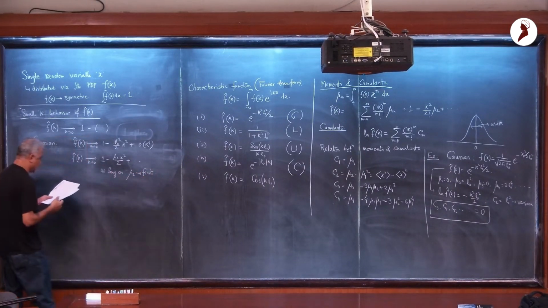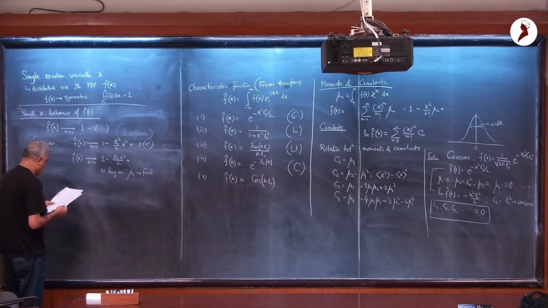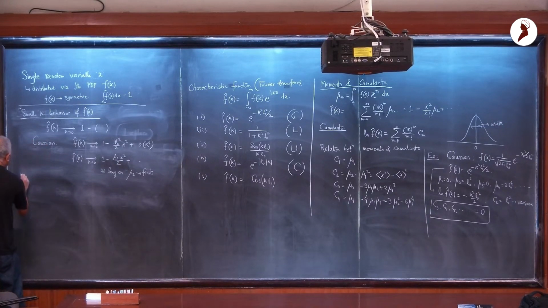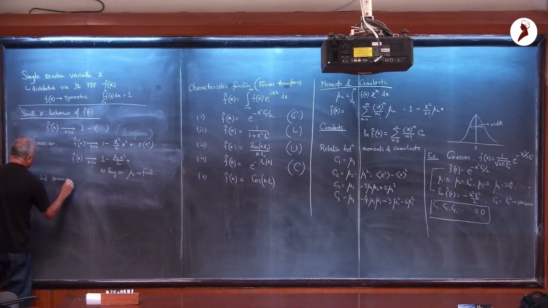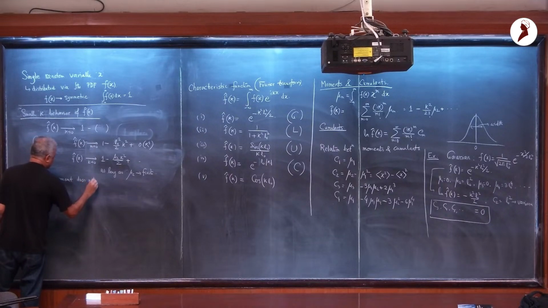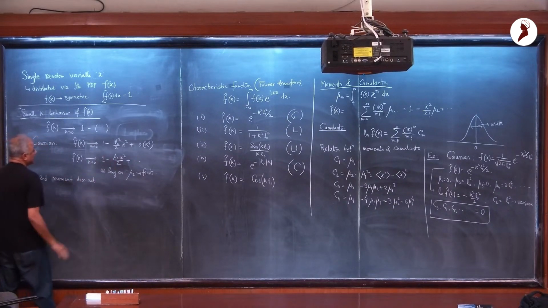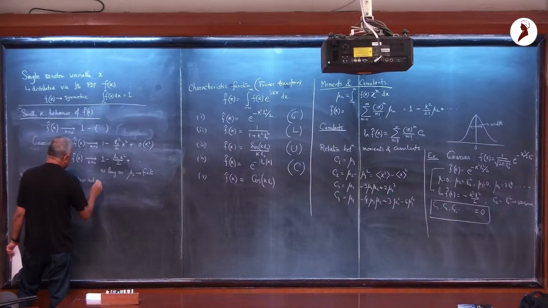Second moment exists. It's a very important thing, okay? But if the second moment doesn't exist, then the leading behavior for small k is different. We'll see that in a minute.